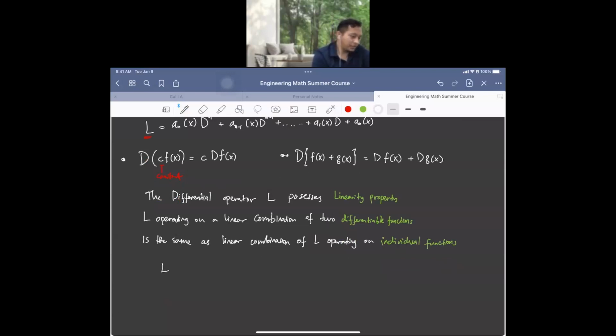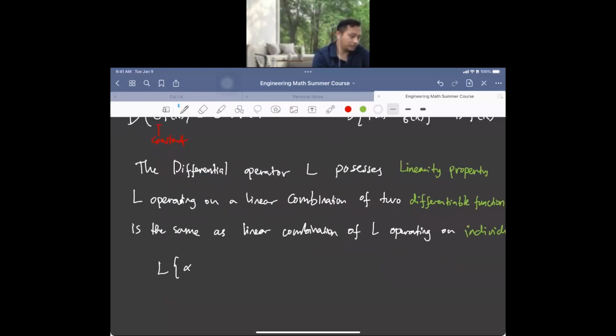In symbols, this means that if we have constants alpha and beta, and differentiable functions f and g, we may take this out.